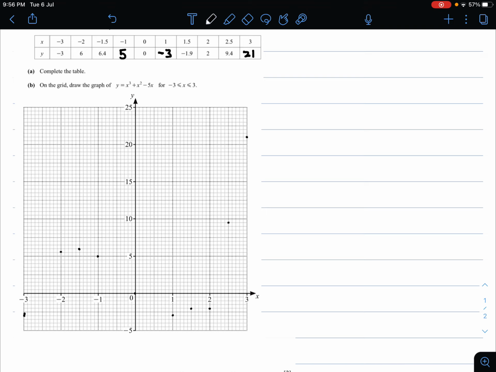So all we need to do now is join the dots, and make sure to use a ruler so that you get exact and accurate answers. I don't have a ruler, that's why I'm drawing it like this. But make sure that you use a ruler.